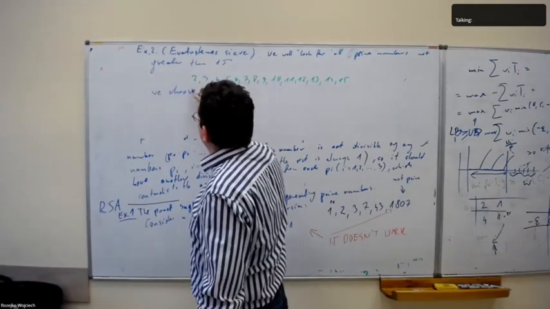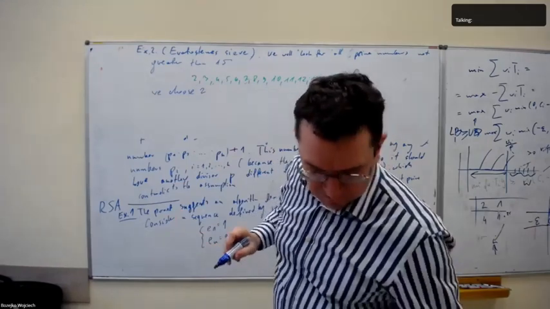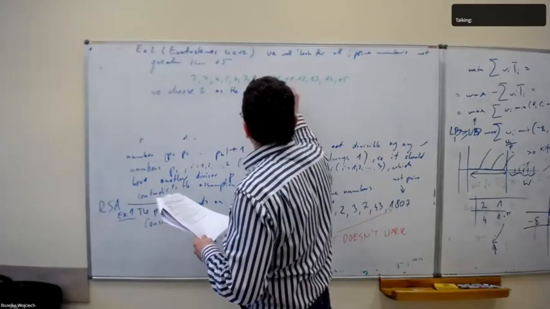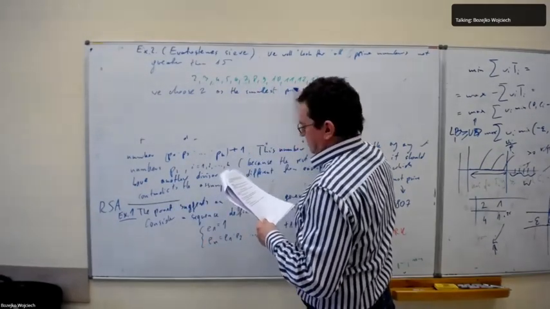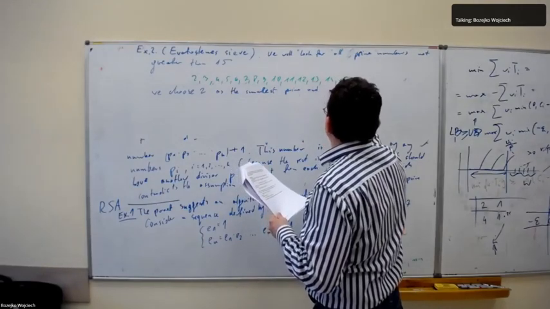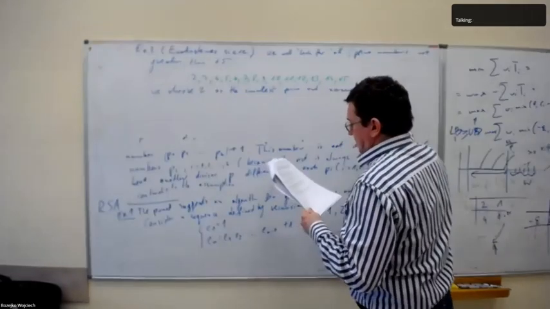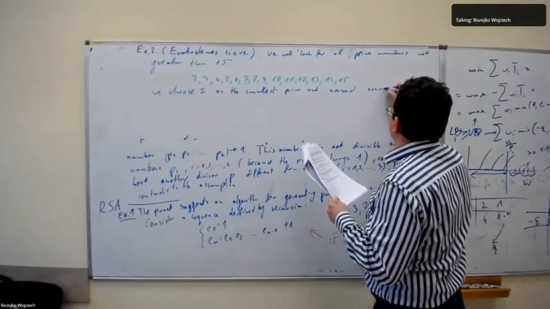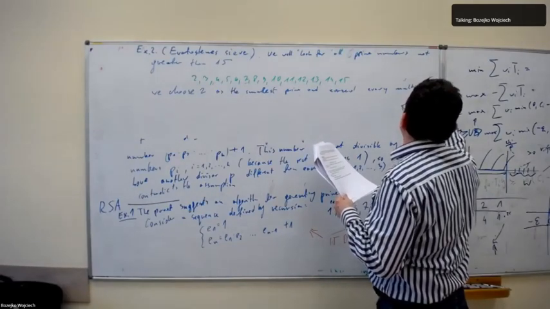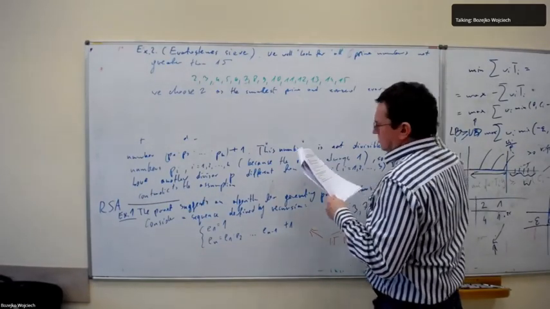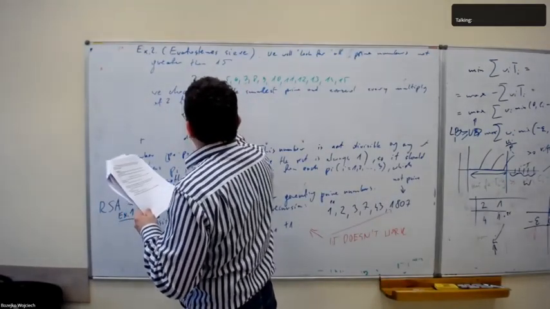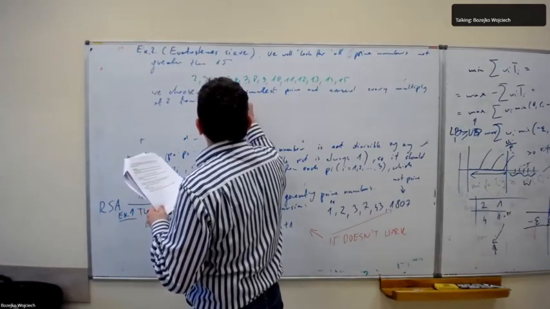We choose 2 as the smallest prime and erase every multiple of 2 from our sequence.